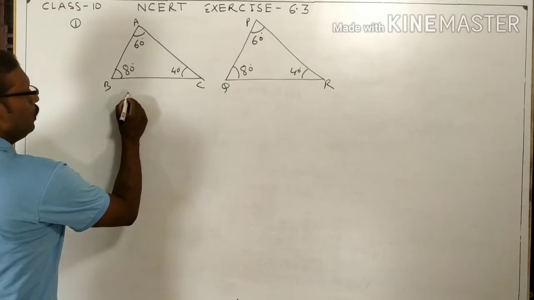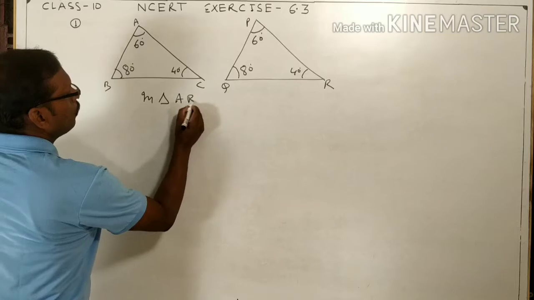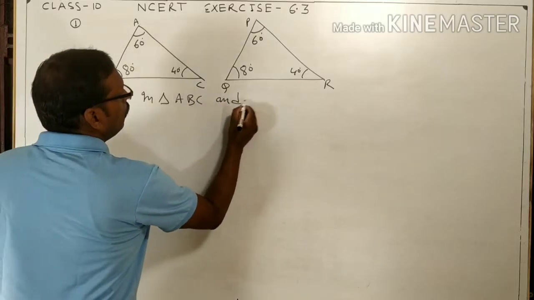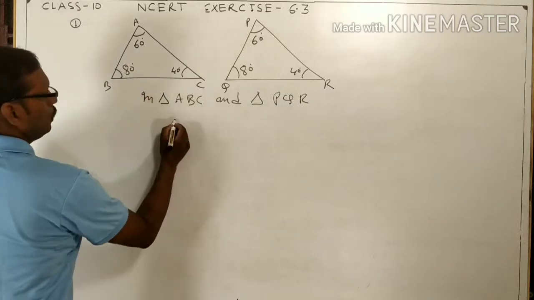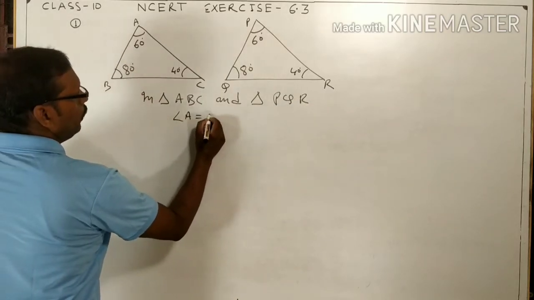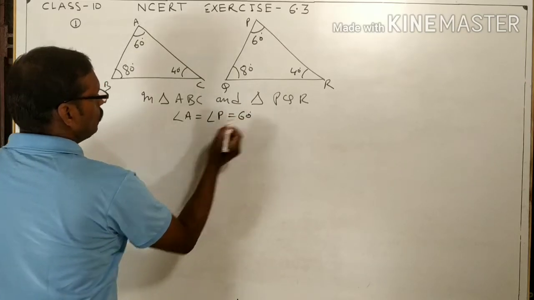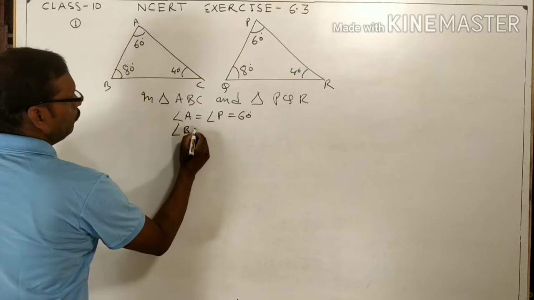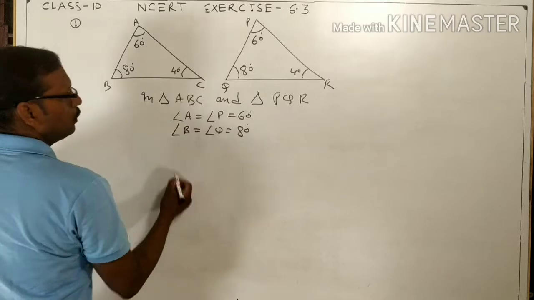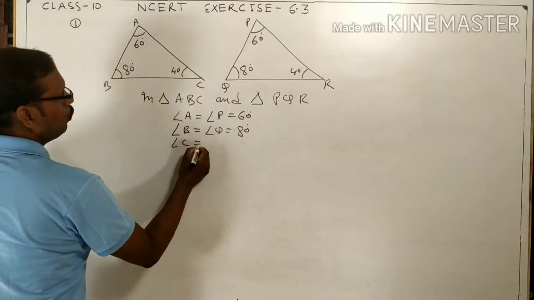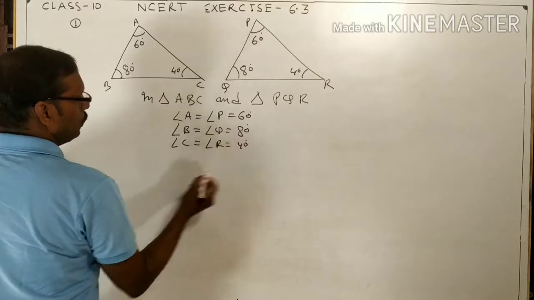So we write, in triangle ABC and triangle PQR, angle A equals angle P, 60°, angle B equals angle Q, 80°, and angle C equals angle R, 40°.